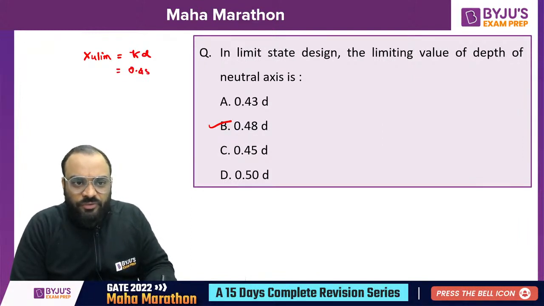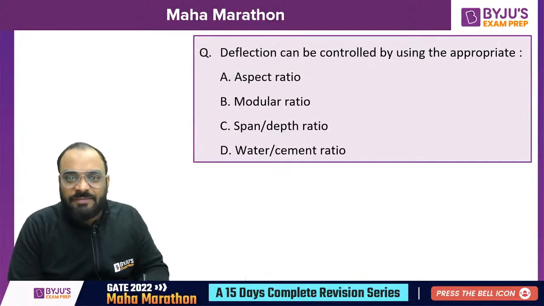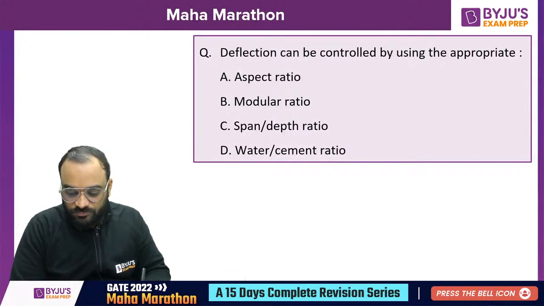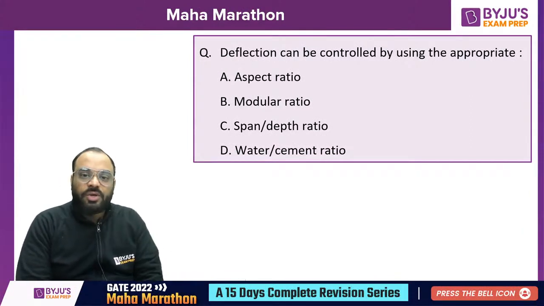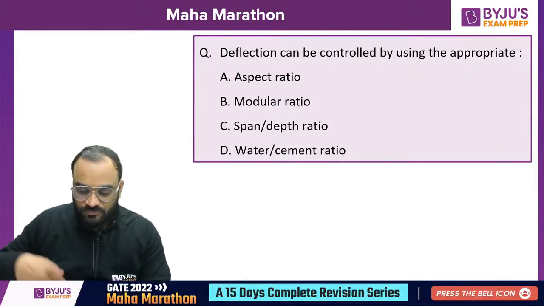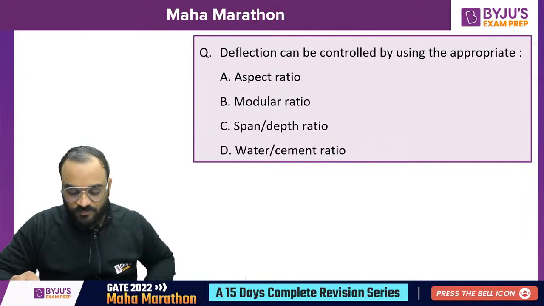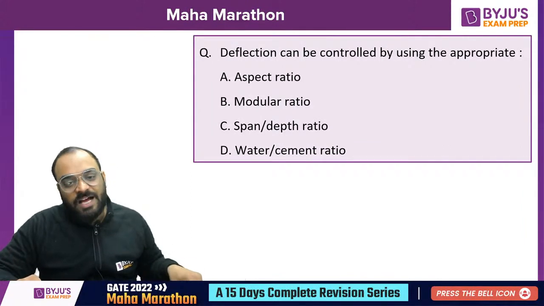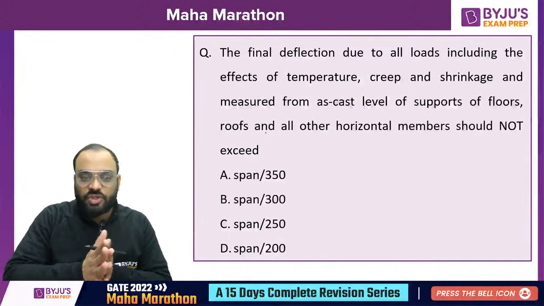It should be 0.48 times of D. Next question. Deflection can be controlled by using the appropriate. How you can control the deflection? C. Span by effective depth ratio.